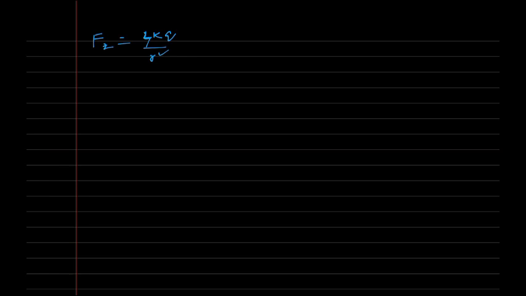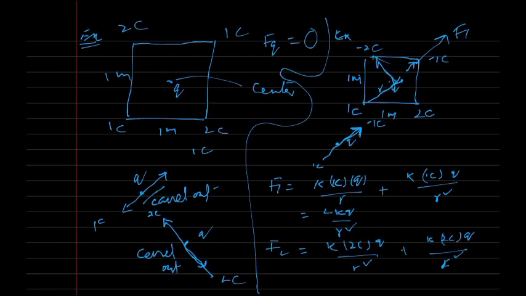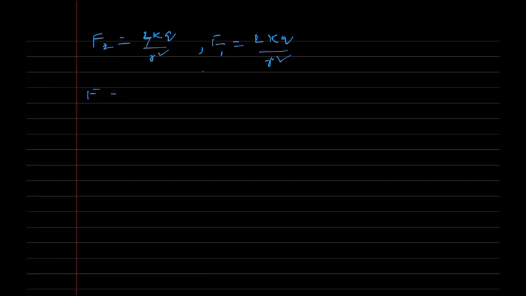So F1 we have already got. F1 is equal to 2KQ by R square, right? So what is the angle between these two? If you clearly observe, this force is acting in this direction and this force is acting in this direction, right? The angle between these two must be 90. So the resultant that we can simply calculate, F, the force on charge Q, is under root F1 square plus F2 square.